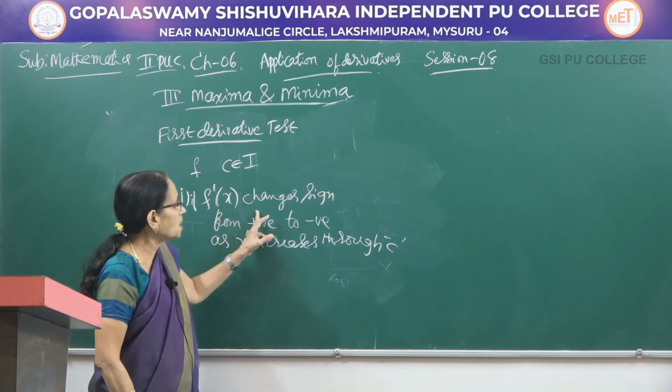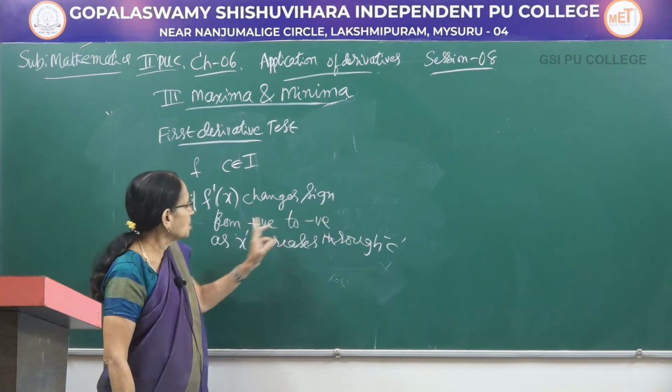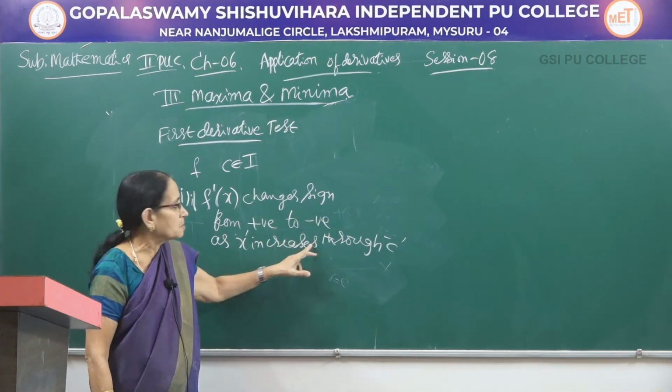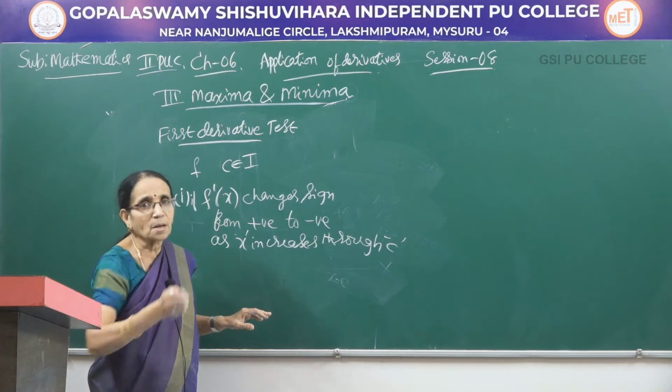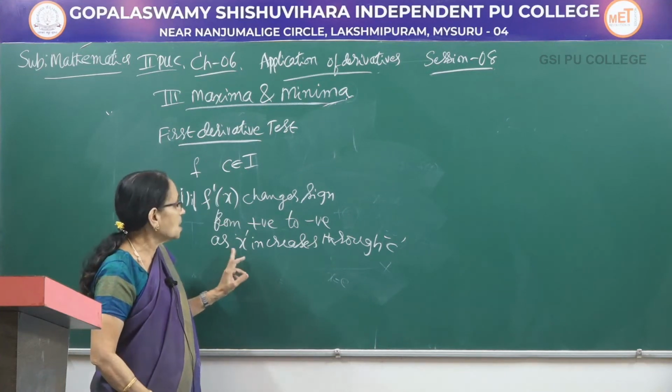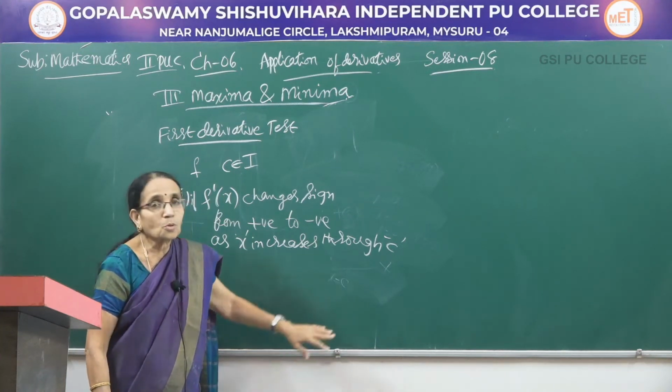So if f dash x changes sign from positive to negative, that is increasing and then decreasing, as x increases through the point C.